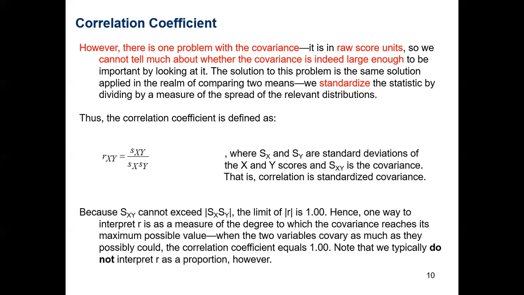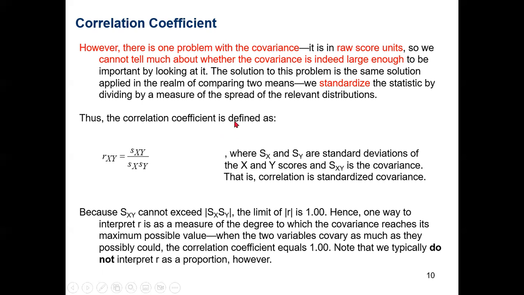So we cannot tell much about whether the covariance is indeed large enough to be important by looking at it. The solution to this problem is the same solution applied in the realm of comparing two means. We standardize the statistic, here the covariance, by dividing by a measure of the spread of the relevant distributions.